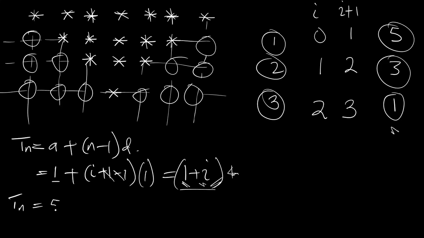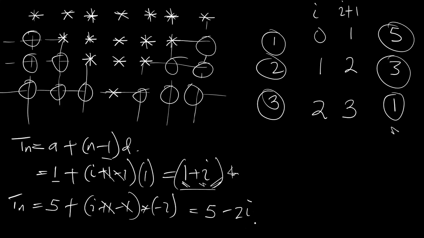The first one is 5 plus, n is I plus 1 minus this one times the difference. 3 minus 5 will give you minus 2. So we now have 5, and this will cancel out. You have I times minus 2, so you have minus 2I as the answer.